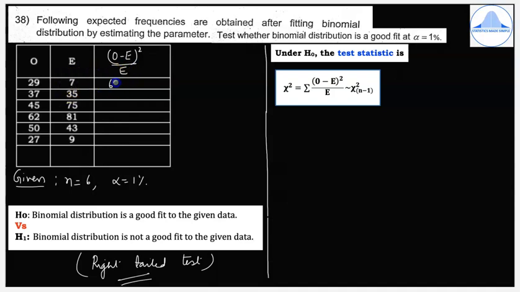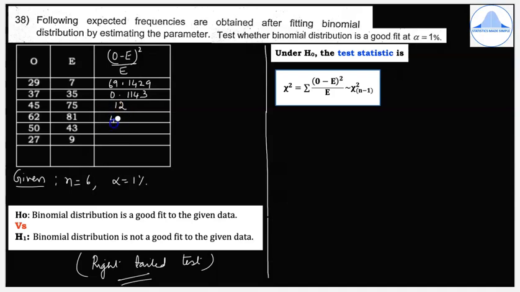You will get 69.1429. If you want, you can form two columns, (O minus E) whole square and then (O minus E) whole square by E. I am doing it directly. Next, similarly, 37 minus 35 is 2. 2 square is 4. 4 divided by 35 will give you 0.1143.